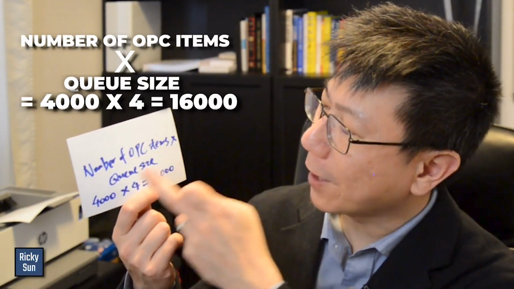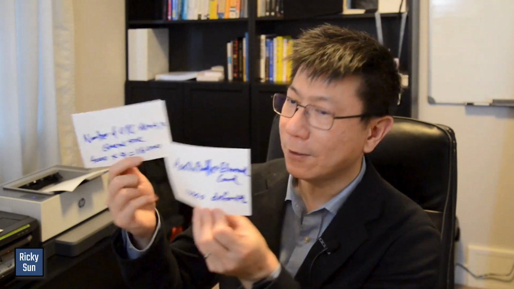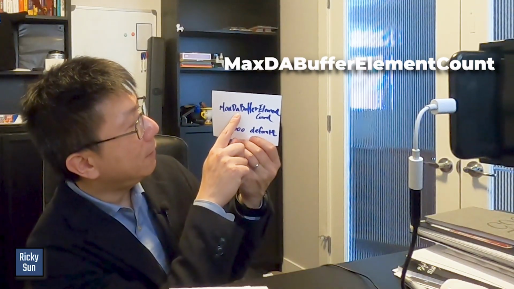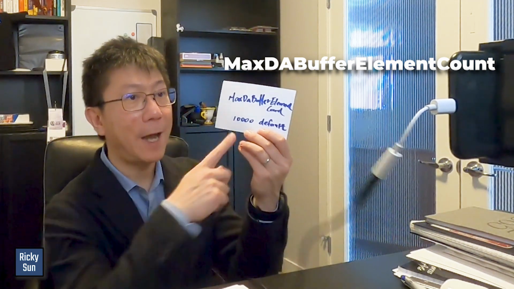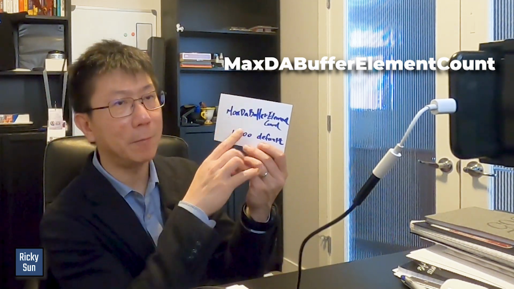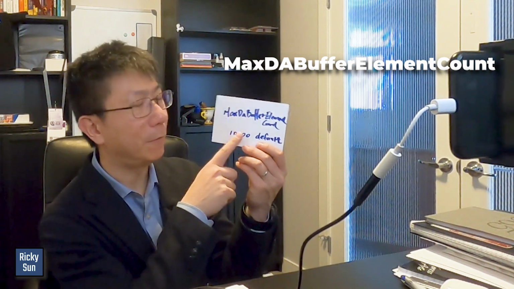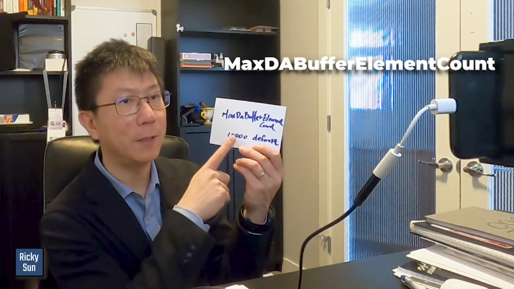And I found on the tech support website that there's a formula: the number of OPC items times the queue size should be less than the maximum max state DA buffer element count. This is an OpenPCS 7 configuration parameter in the OPC UA.